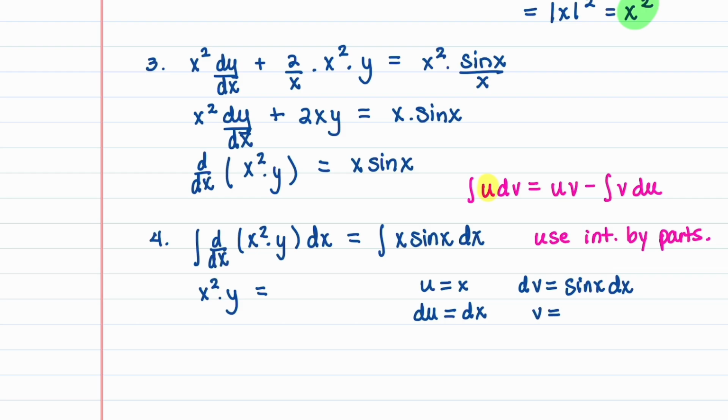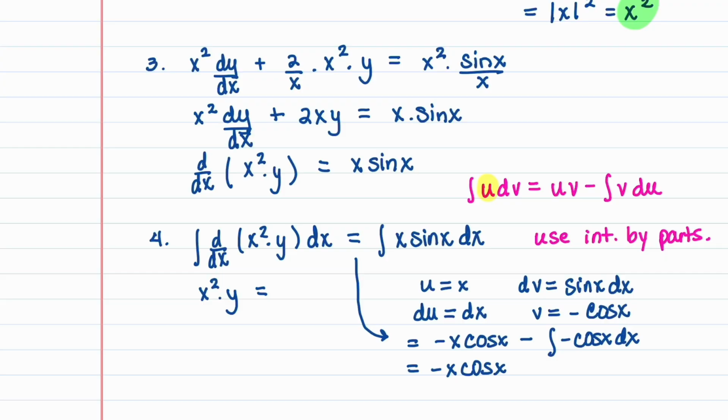It's the integral of sine x, which is minus cosine x. So this integral is u times v, which is minus x cosine x, minus the integral of v du. So that's minus cosine x dx. This becomes minus x cosine x.